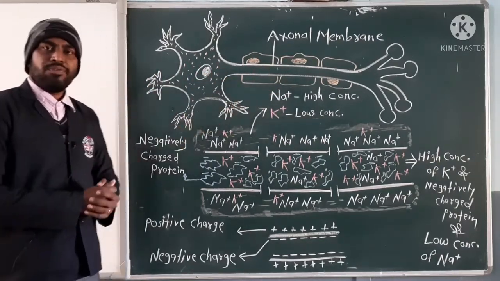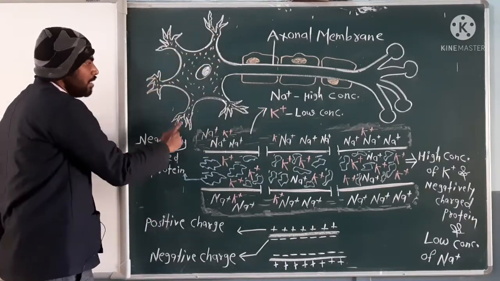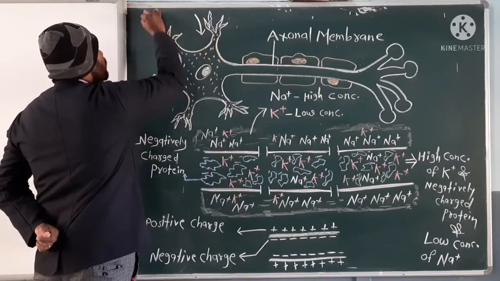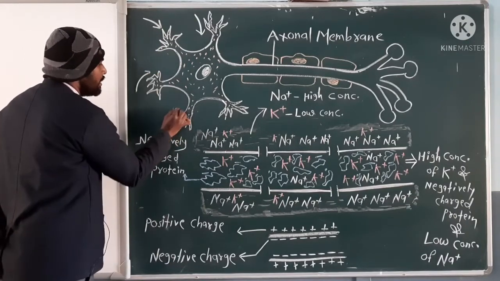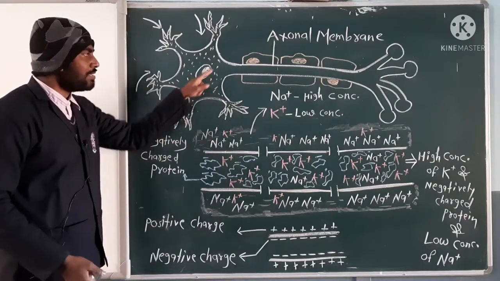The two prime concepts we have to understand: the dendrites, as we have discussed earlier, receive impulse from the surrounding neuron, and they provide the impulse to the cyton.